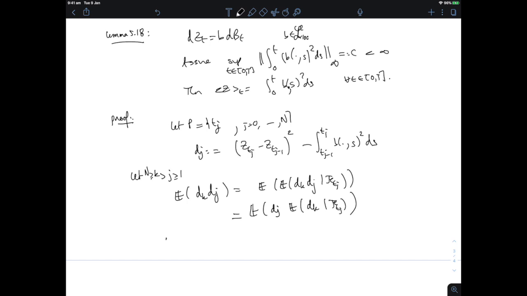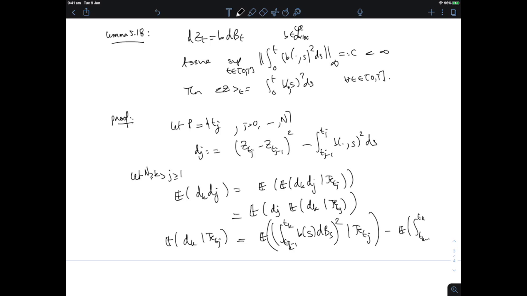Now, why is that? Because the expectation of d_k given F_{t_j} is what? So it is the conditional expectation of the integral between t_{k-1} and t_k of b_s dB_s, and this gets squared and conditioned on F_{t_j}, and then you subtract from that the conditional expectation of the integral from t_{k-1} to t_k of b_s squared ds given F_{t_j}.